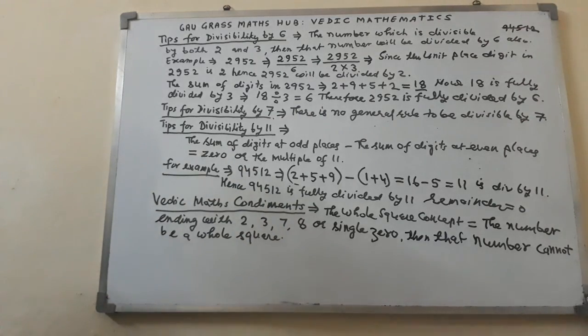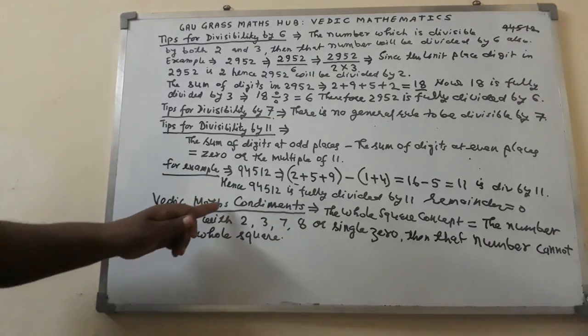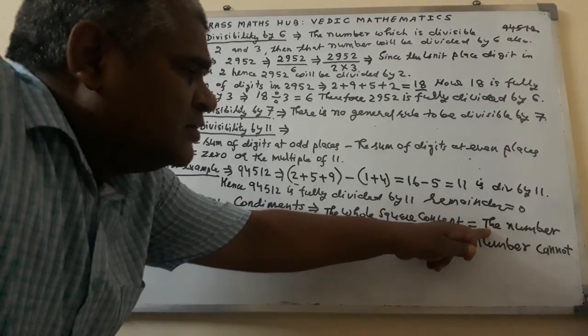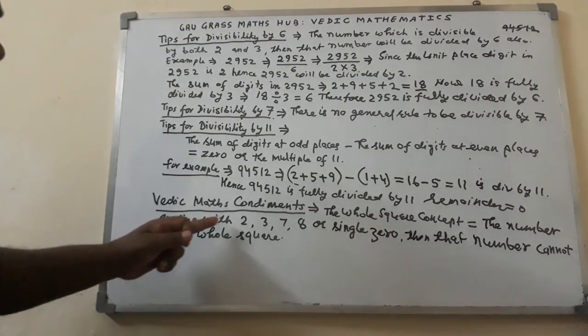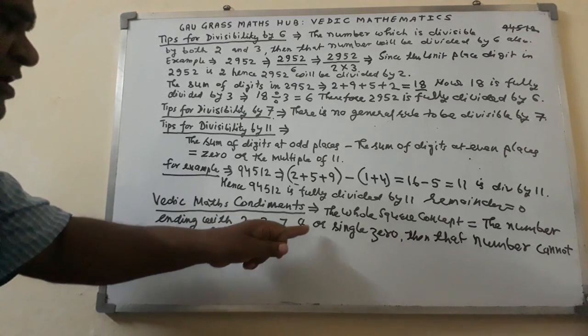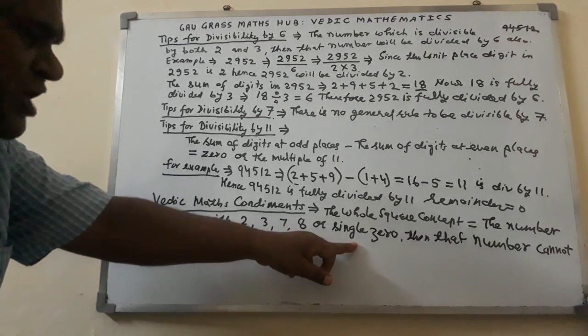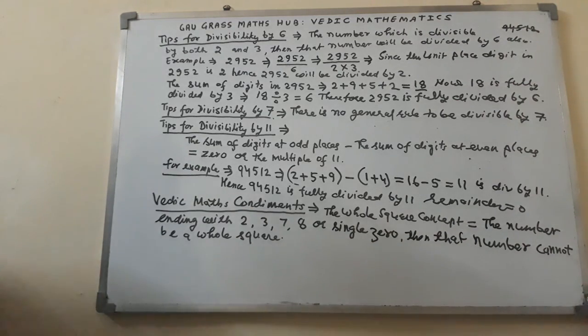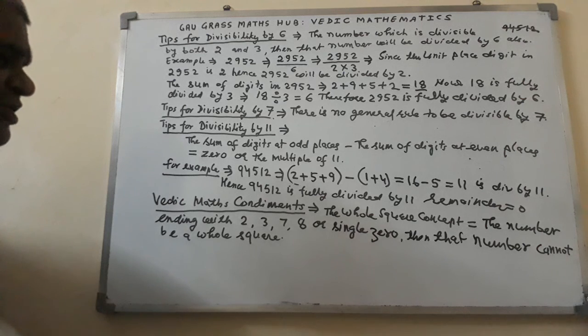This is the concept you must remember. Vedic maths condiment, the whole square concept: if a number ends with 2, 3, 7, 8, then that number can't be a whole square. This concept you must remember.